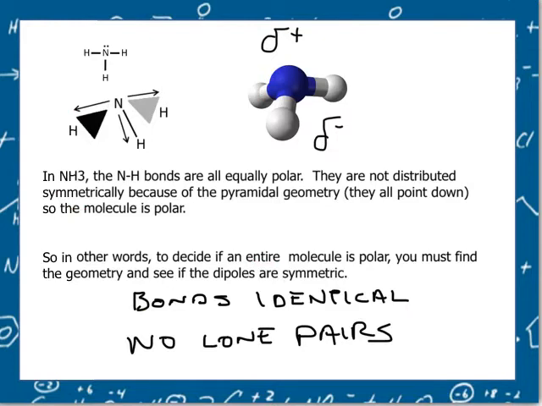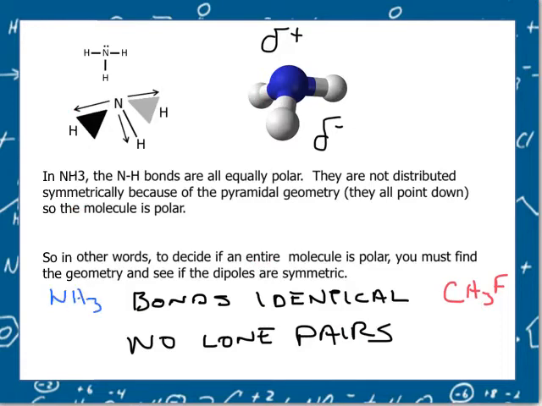So CH3F failed this because the H and the F, those are two different kinds of bonds, so those bonds are not identical. They have unequal dipoles. And this one passed that test.